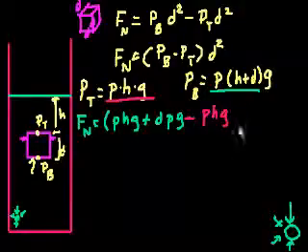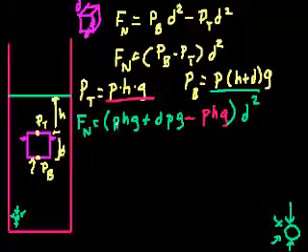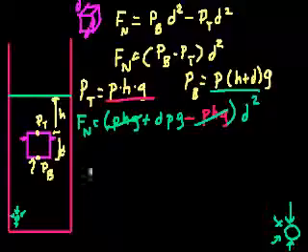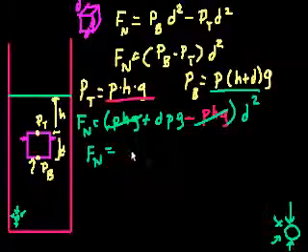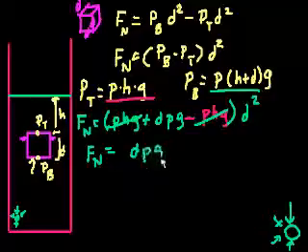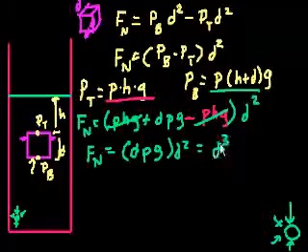And then we learned it's all of that times d squared, right? So immediately we see something cancels out. Rho h g, subtract, cancels out. So we're just left with, what's the net force? The net force is equal to d rho g times d squared, or that equals d cubed times the density of the liquid times gravity.